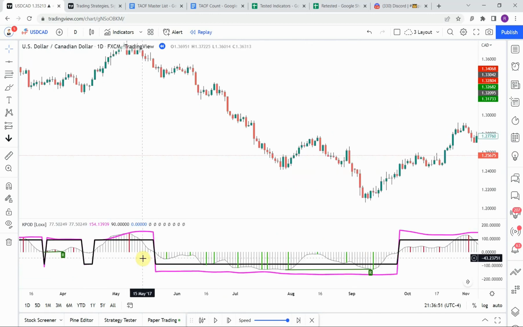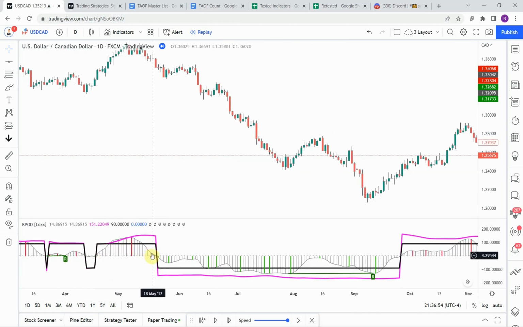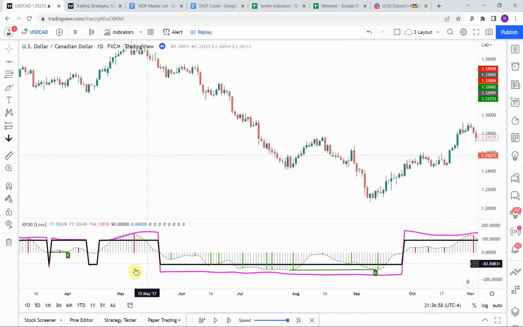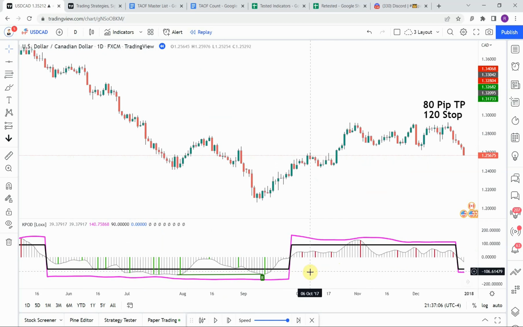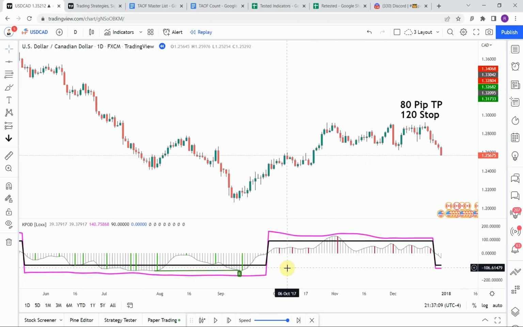Anytime the oscillating line breaks down below the 0 line, the maximum and minimum peak value lines go with it to the downside. And that's what we're interested in. That's what we're going to test today.